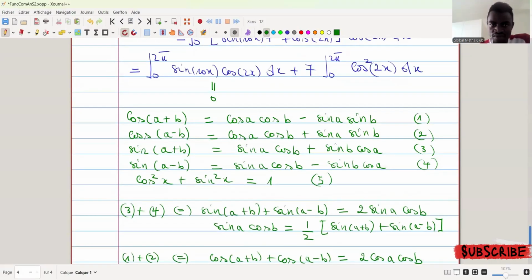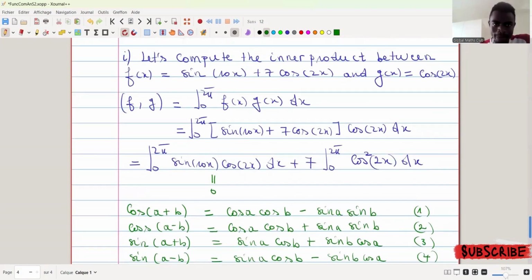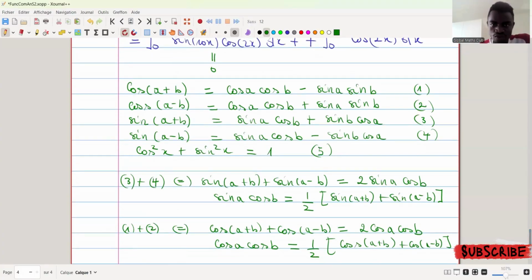If you go from 1, if A equal to B, you have cosine A plus A. So you just replace B everywhere by A. So you are going to have cosine A cosine A minus sine A sine A, which is cosine A square minus sine A square.